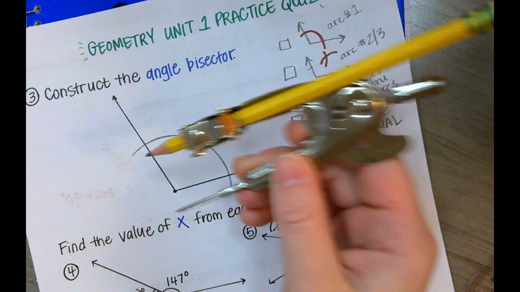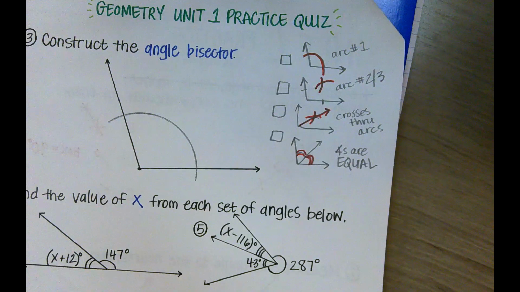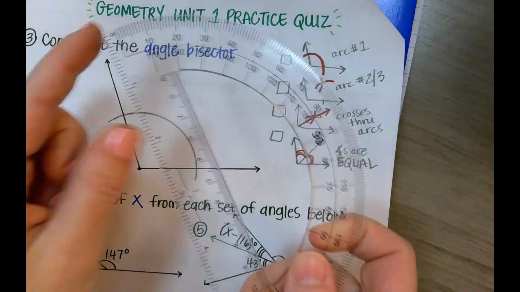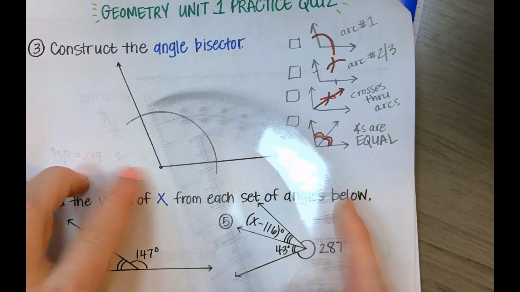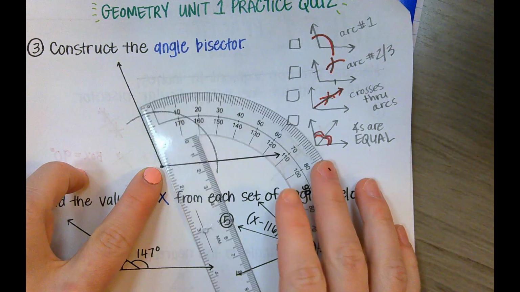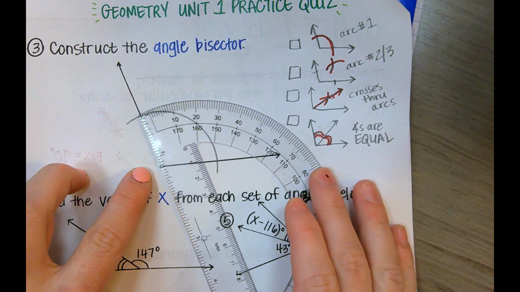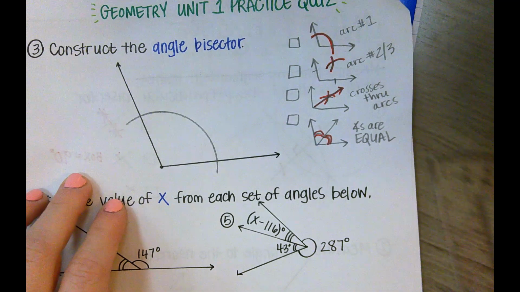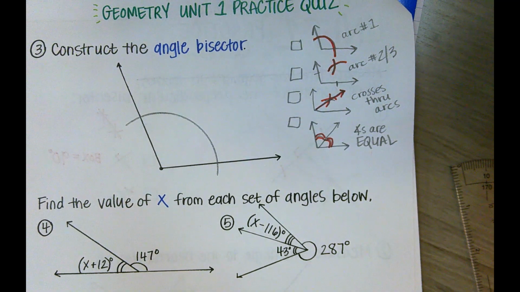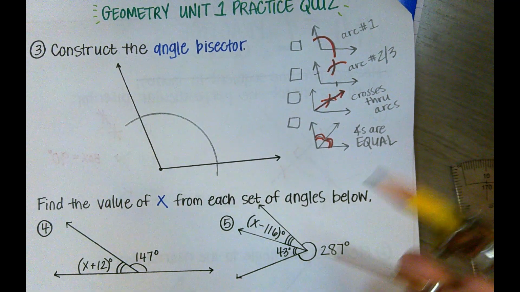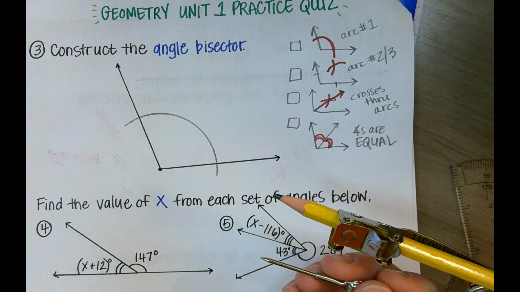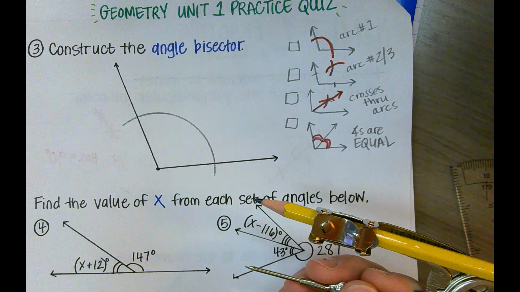If I were to measure that with a ruler, from my vertex to the arc, it's about 1.25 inch. That's about how big I had it open. So there's my first arc, and now where do I go?